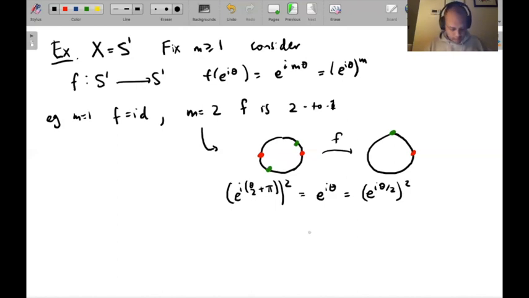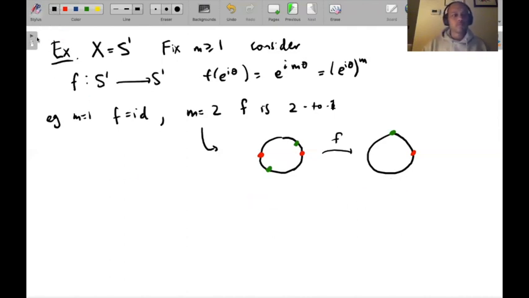Okay. So then let's take Z to be X union over f D^2, this quotient space. So we use this map f to attach a disk to the circle.